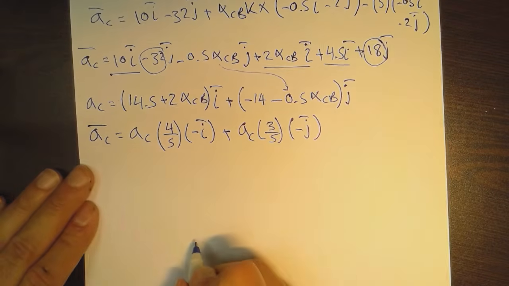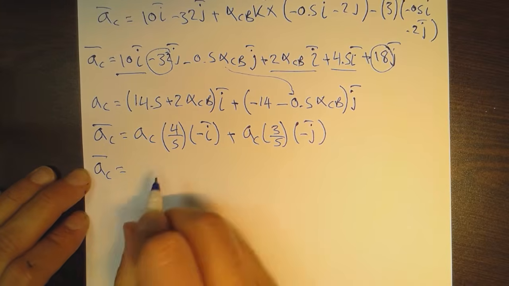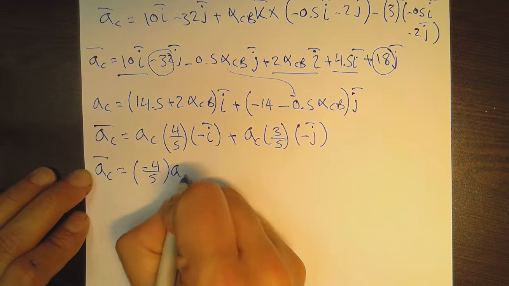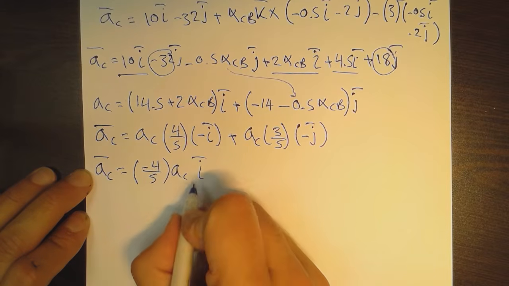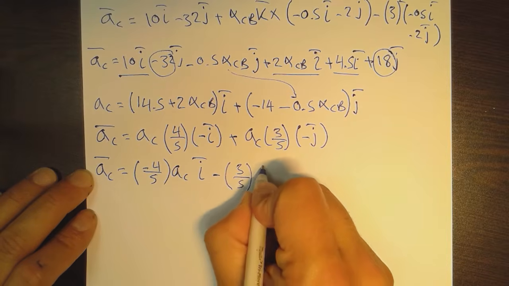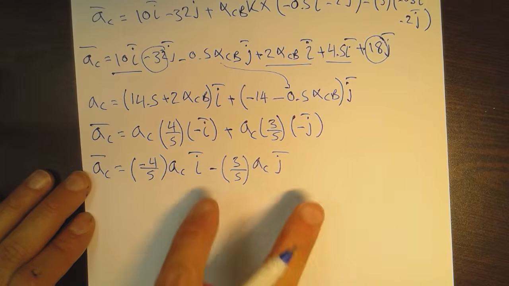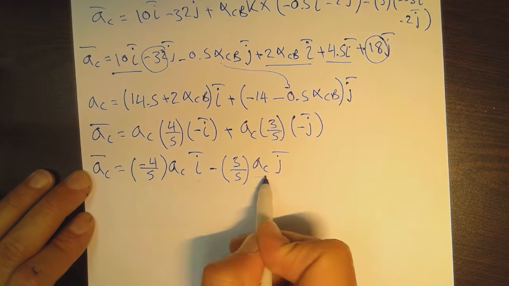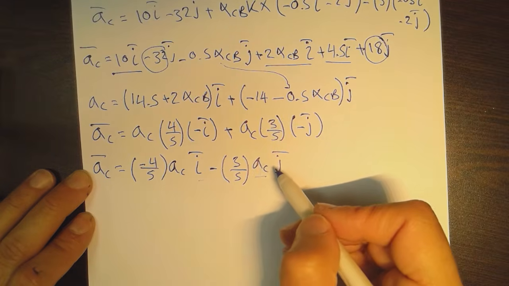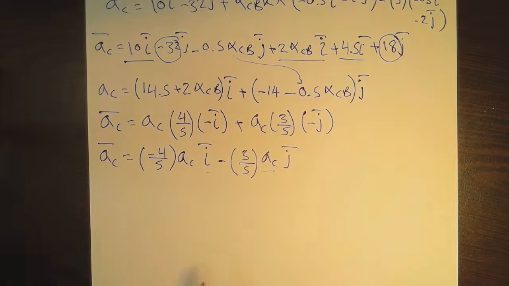So AC is going to be equal to minus 4 over 5 ACI minus 3 over 5 ACJ, and that's it. So we are going to equate this term with this term to calculate the unknowns, which are AC and alpha CB. So we are going to write this. It's going to be a bit of a long equation.